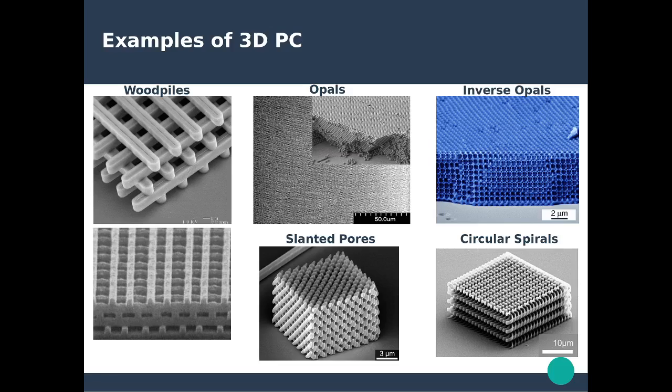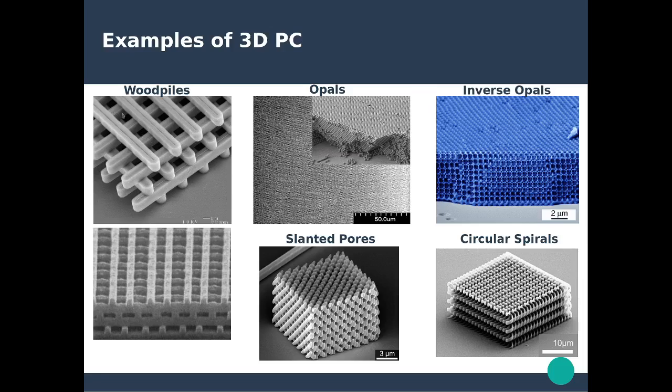We can obtain a very large variety of different types of 3D photonic crystals. These are just some examples. The woodpile is a typical example of photonic crystals, which is just alternating layers of parallel nanowires that are typically composed of silicon, and those successive layers are orthogonal with respect to each other, and you can just stack them up as high as you want.